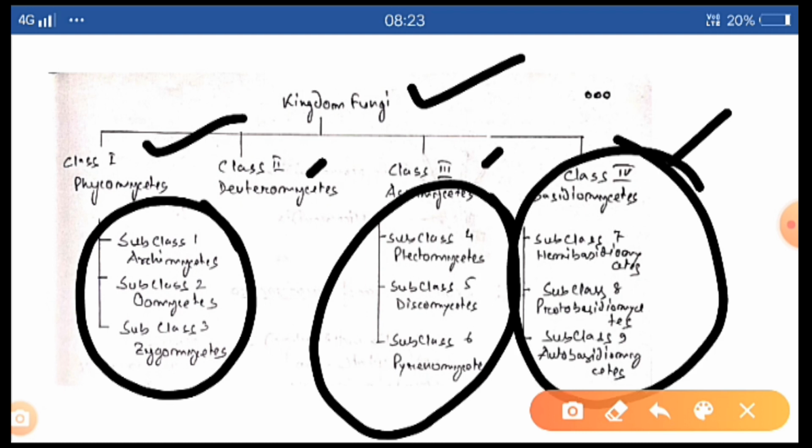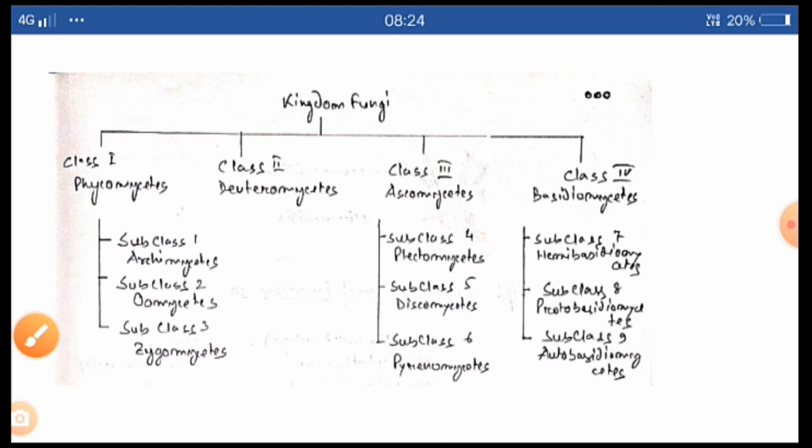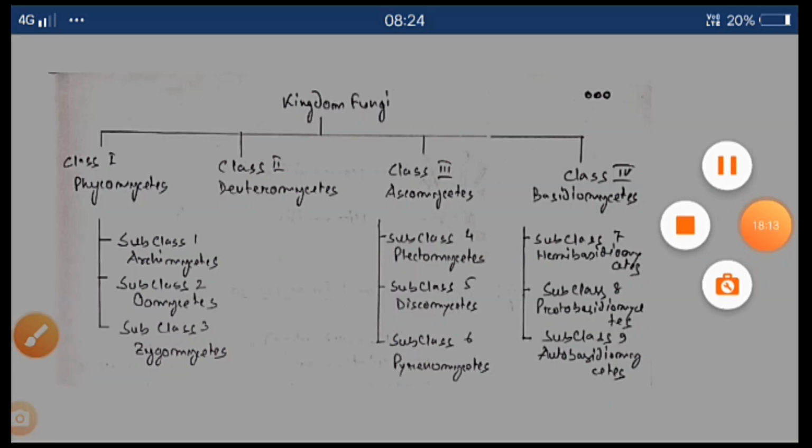Okay, hope it will help you to classify fungi. Please study the keys and criteria properly, and collect a few specimens from the field, and then try to classify them with the help of manuals. Thank you.